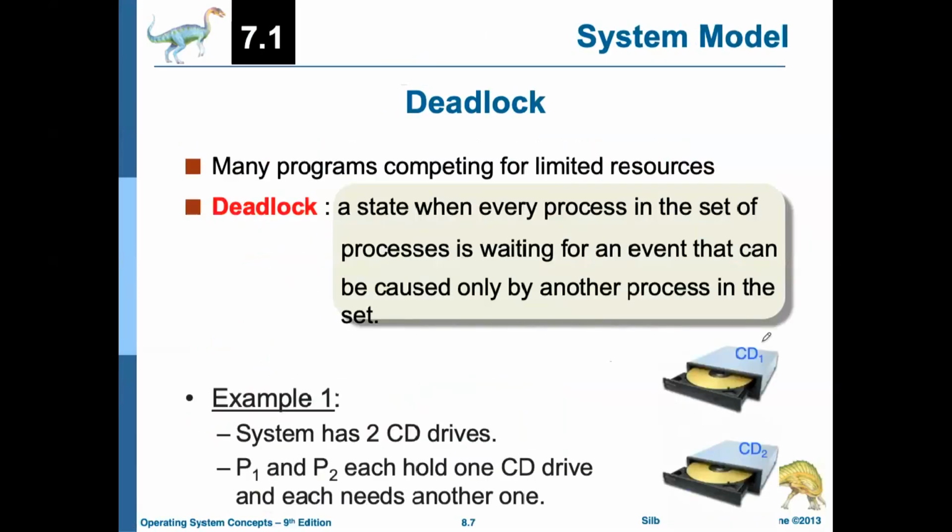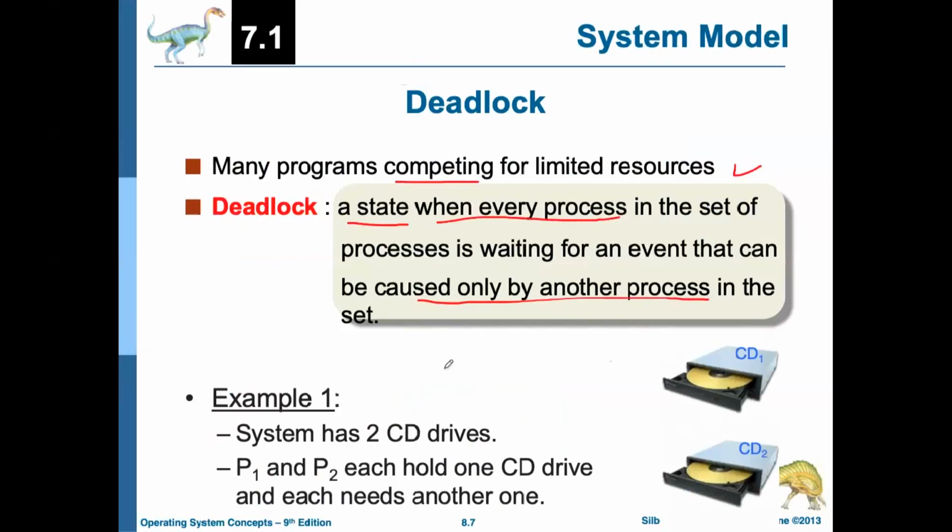So deadlock is when many programs are competing for limited resources. Deadlock is a state where every process in the set of processes is waiting for an event that can be caused only by another process in the set.